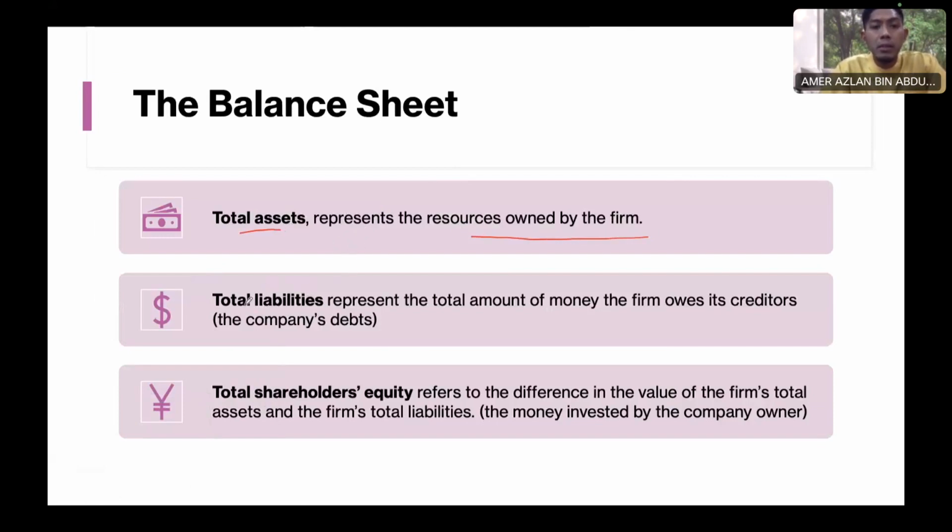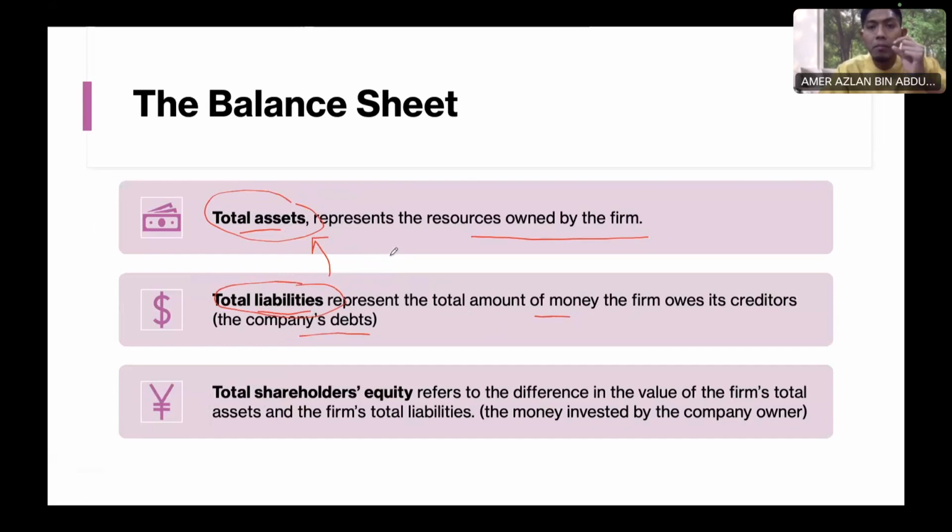Meanwhile, another item in the balance sheet is total liabilities, which represents the total amount of money the firm owes to its creditors, or we call it the company's debt. Total liabilities is the amount of money borrowed by the company to finance these total assets.